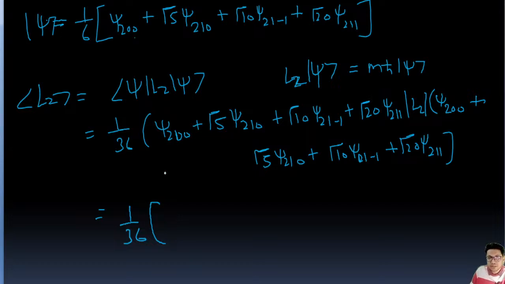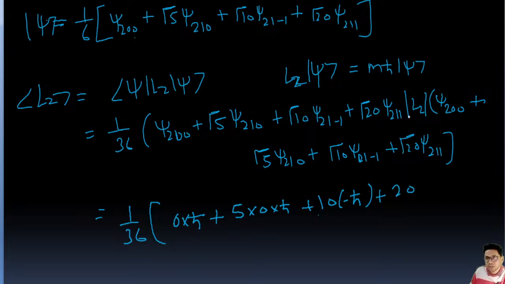This is 1 upon 36, and this is going to be Lz with m. So it's going to be 0 into h cut because the value of m is 0, plus 5 into 0 into h cut, plus 10, where m is minus 1, so minus h cut, plus 20, because psi 211, m is 1, so plus h cut.